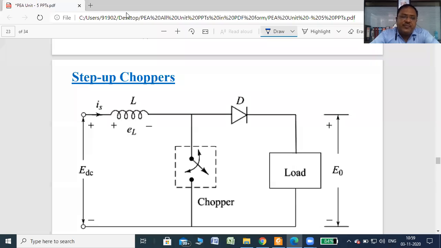How does it work? See, the place of the switch is changed, the place of the diode is changed, the place of the inductor is also changed. So how does it work? Anyone try to explain? Anyone from the class?